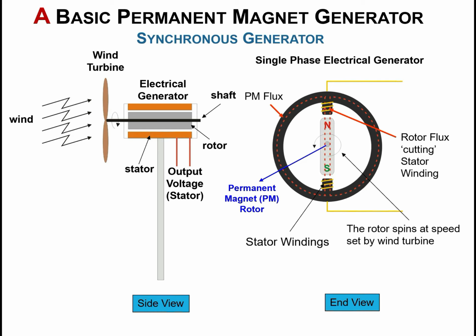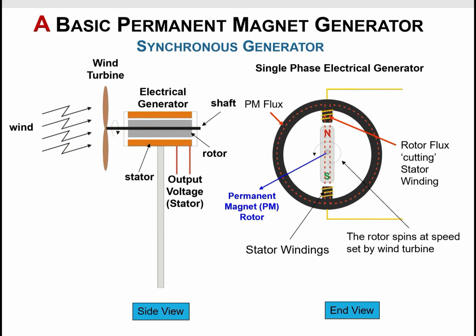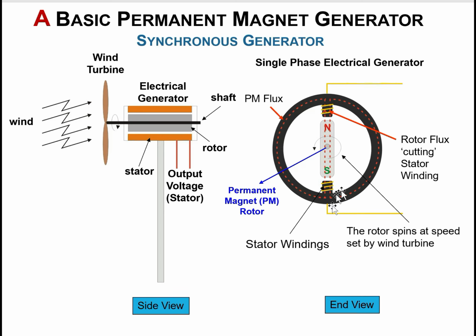So let's take a look here at the permanent magnet synchronous generator. In this type of generator, the excitation field is provided by a permanent magnet instead of a coil. So this is the permanent magnet over here in the middle. And in this case, the rotor structure can consist of a ring of magnetic iron with magnets mounted on its surface.